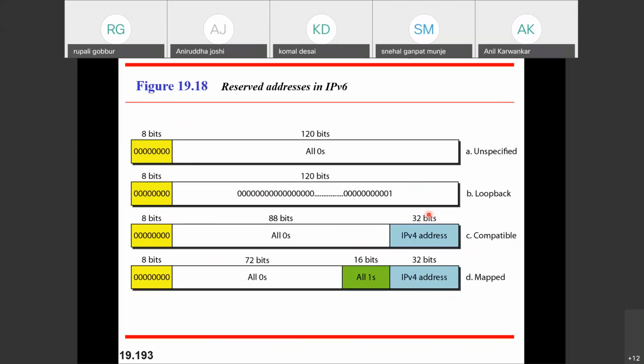See here, IP version 4 address compatibility can be identified.